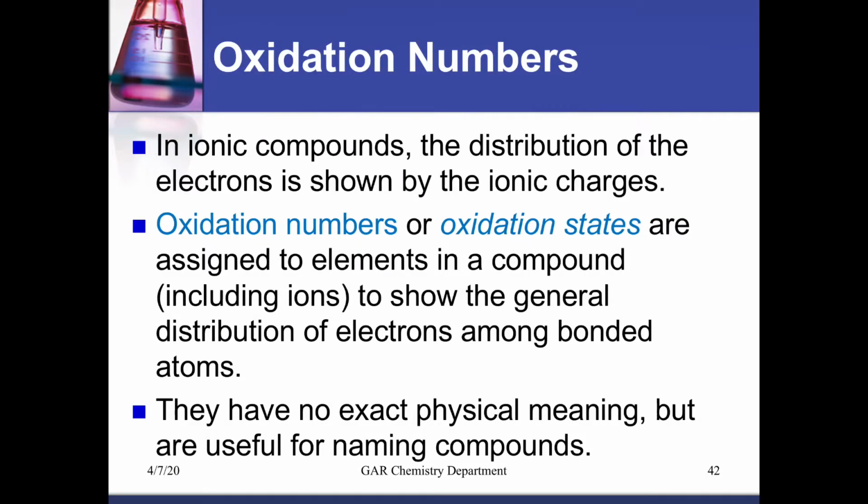The Roman numerals actually are used to identify the oxidation number or oxidation state of the first element. Now, oxidation states are numbers that don't really have a true scientific meaning or definition. Basically, what they do is show the distribution of electrons in a bond. In chapter 6, you learned that one element typically attracts electrons more strongly than the other one in a bond.